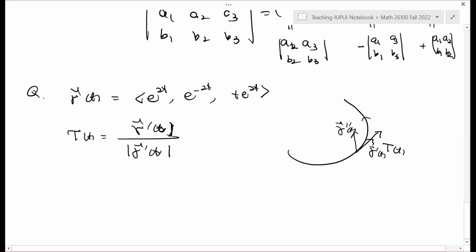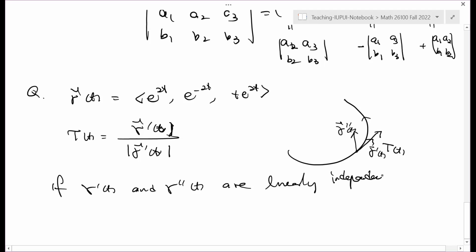If gamma prime t and gamma double prime t are linearly independent, which is most of the time, then the cross product is not going to be zero.